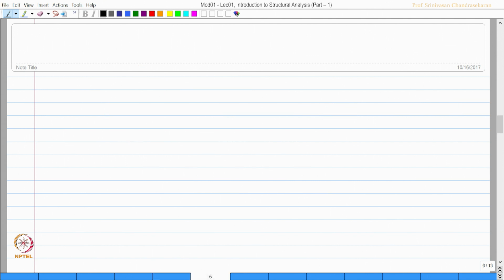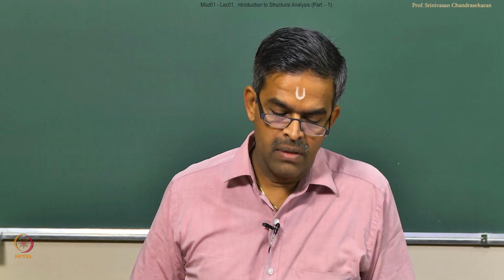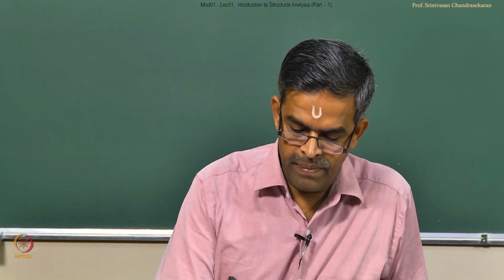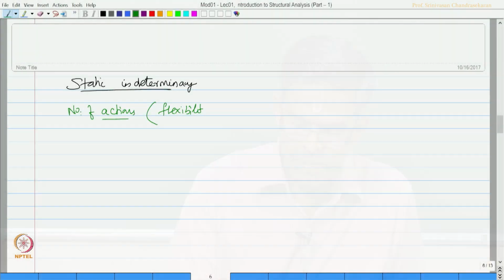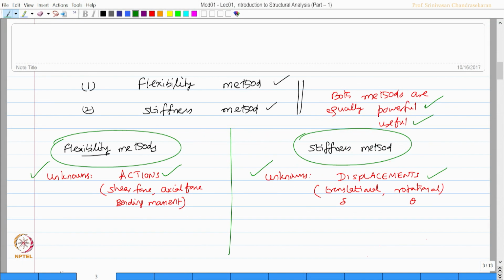Let us now explain what is static indeterminacy. This is actually the number of actions. Please note the keyword actions. We already remember and recollect that actions are resembling flexibility. If you recollect, you can see here the unknowns in flexibility method are actions.